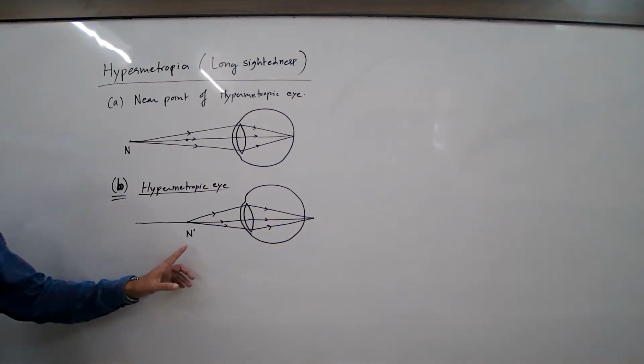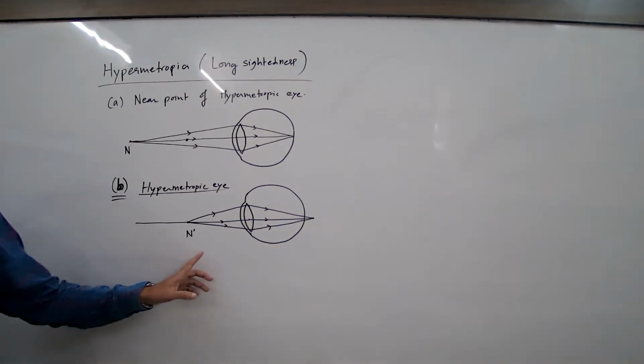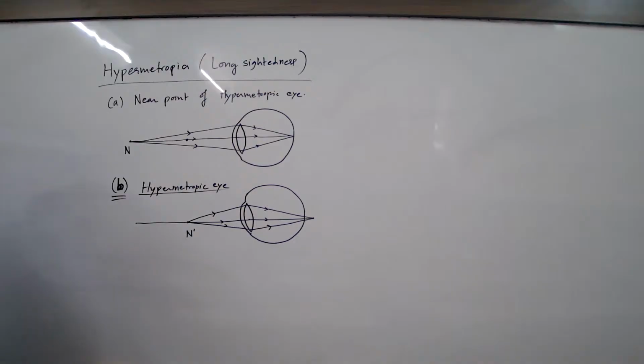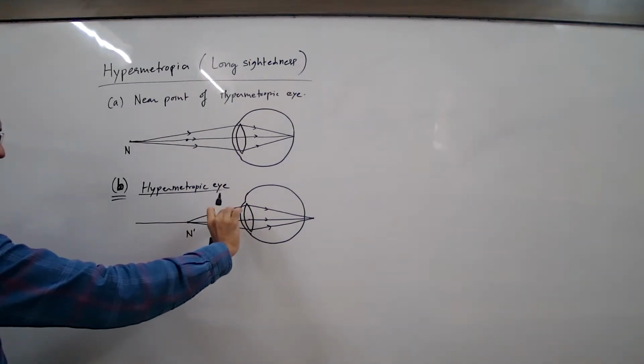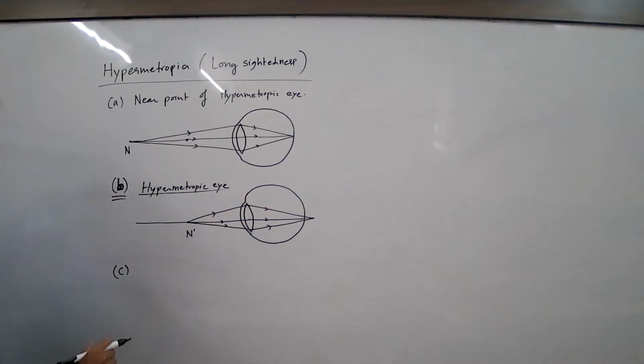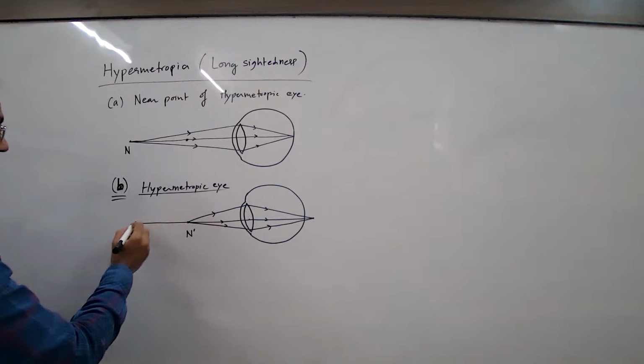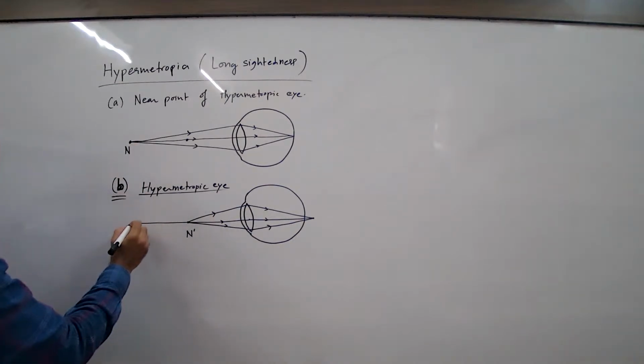Meaning you can't see near objects clearly. So if you want to see the near object clearly, what correction should you do? You should make use of a convex lens because I need to converge it a little bit so that the virtual image will form at the faulty near point.